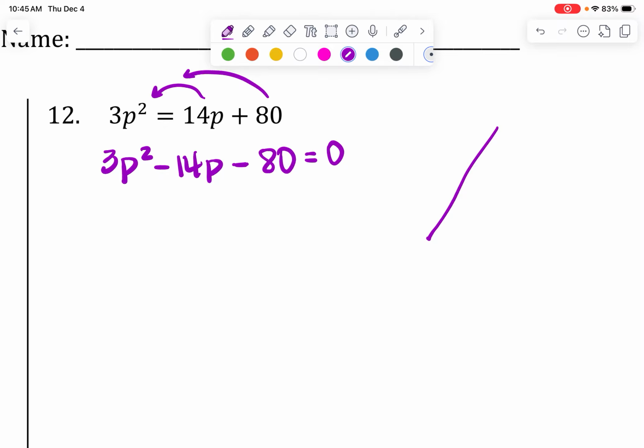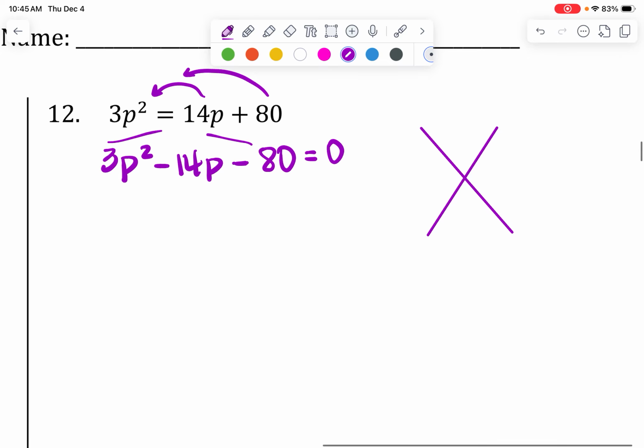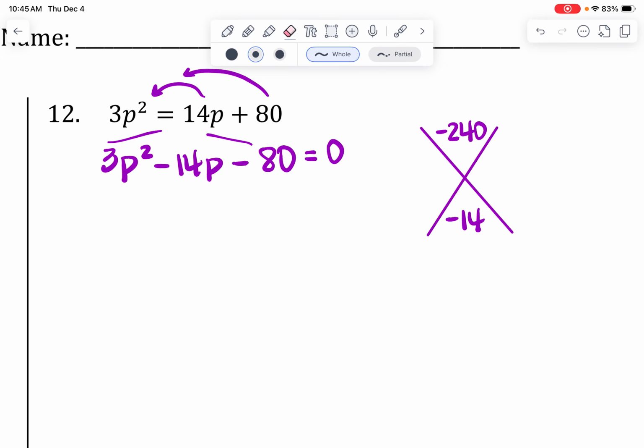So I've got some pretty big numbers, but that's okay. So again, we're going to multiply the a times the c, so 3 times negative 80 is negative 240, and our middle term is negative 14. So we want the only two numbers in the world that multiply to give us negative 240, but add to give us negative 14.